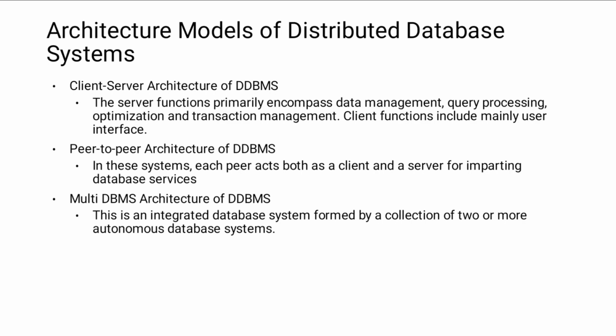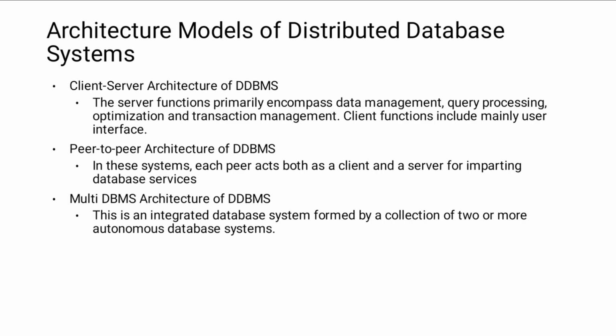Okay, architecture. Three different types of architectures are present: client-server, peer-to-peer, and multi-DBMS architecture of distributed database management system. In client-server, one system acts as a server and another system acts as a client. The client includes the interface.